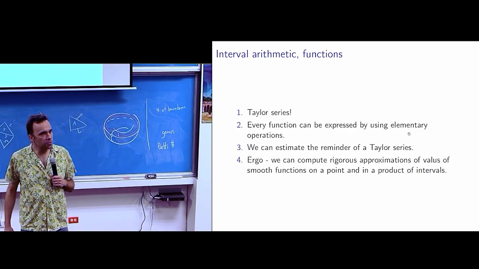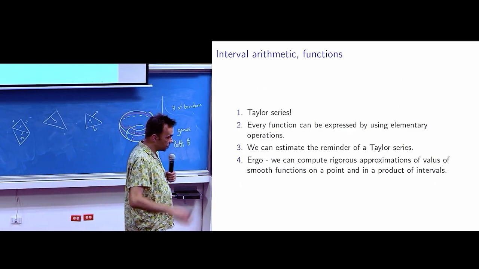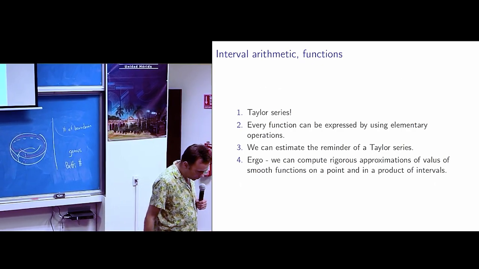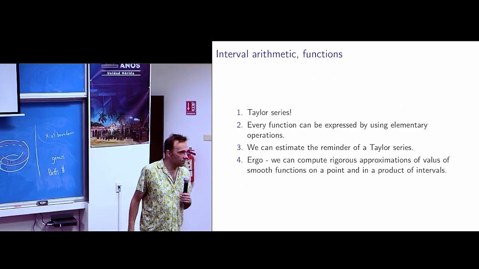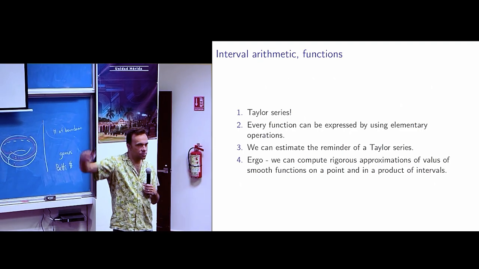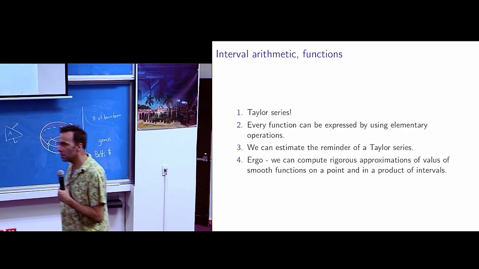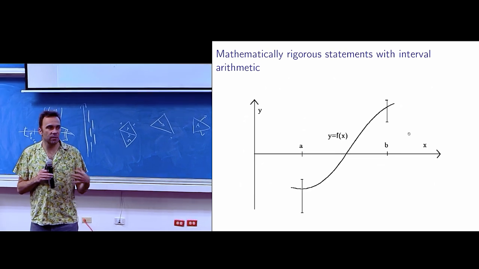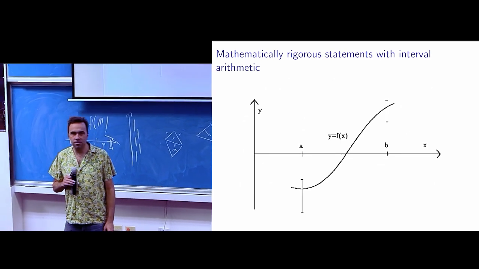We can also represent functions in a rigorous mathematical way: Taylor series, with an estimate from above on the remainder of the Taylor series. So we have multiplication, division, addition, and the Taylor series approximation with an upper bound on whatever remainder you want to use. Once we have this machinery, which is not that difficult, we can make rigorous statements.